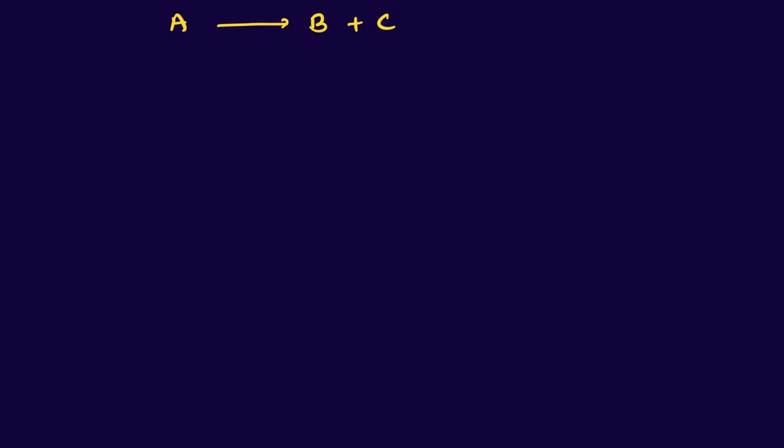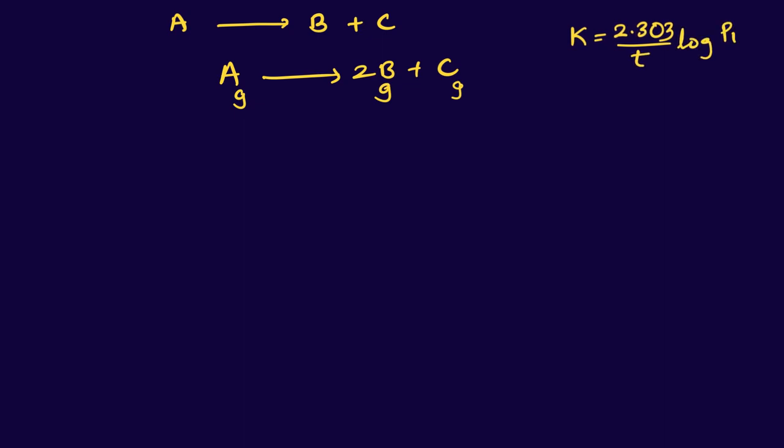Now, in case I want to take A gives rise to 2B plus C, all gases, we have the rate constant formula K is equal to 2.303 by time log P initial by P at T time. Then P at T time we have to find out and place in this equation.